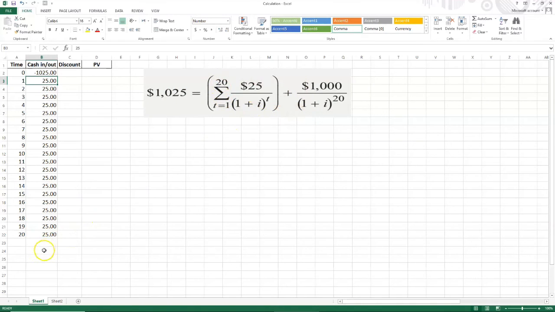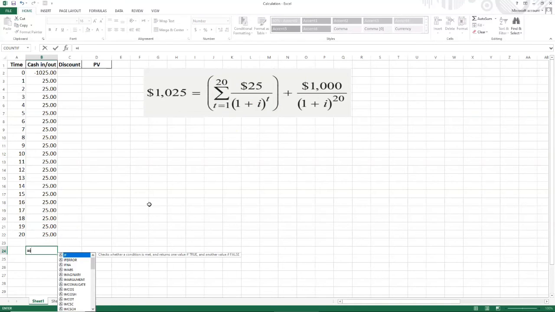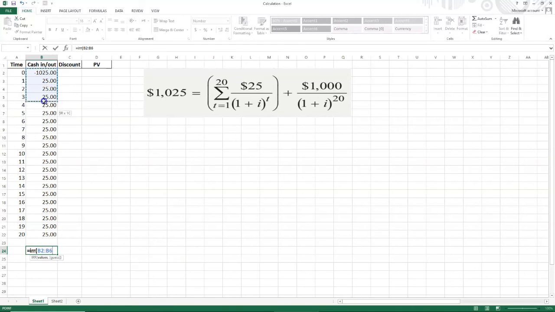So this should equal the whole cash flows. That means let us calculate the IRR. IRR is the rate at which the cash flow equals 0. So I write IRR and then find out the value of the IRR. This is the value. Let us have more spaces.